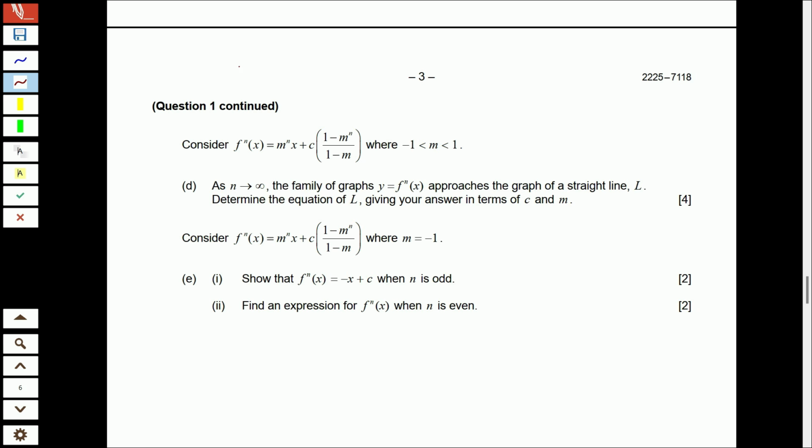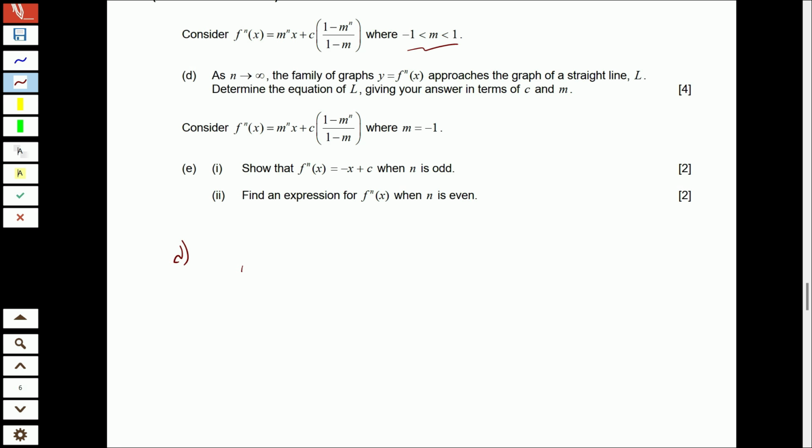It's given here, the expression, and m is between -1 and 1. As n approaches infinity, the family of graphs of the n composition of f approach the graph of a straight line L. Determine the equation of L, giving your answer in terms of c and m.